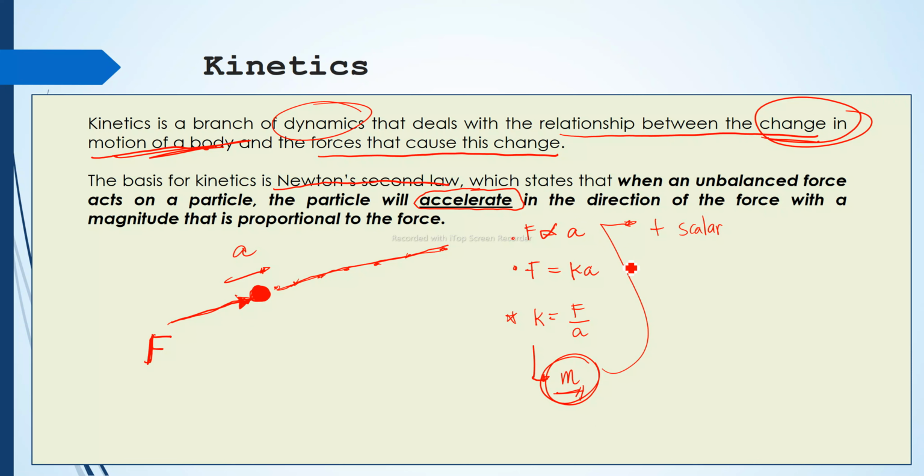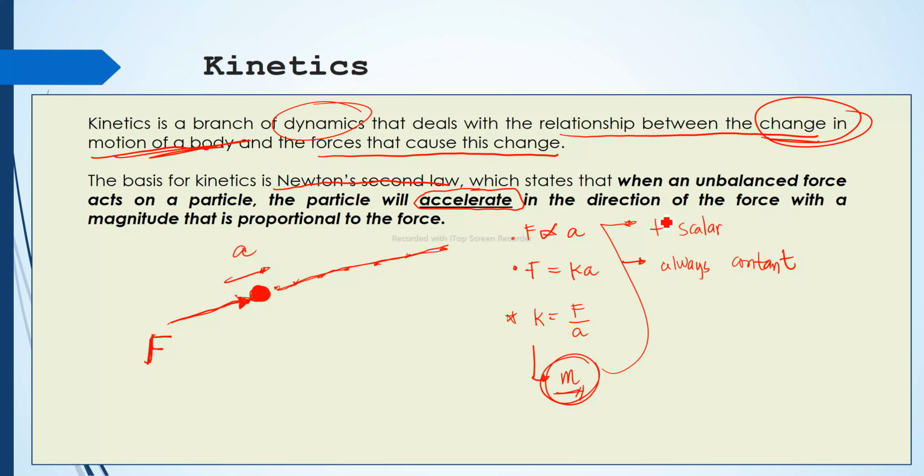What is the other property of the mass? The mass is always constant, regardless of the force applied or regardless of the acceleration of the particle. And since the mass is constant, the mass provides a quantitative measure of the resistance of the particle to change in its velocity.